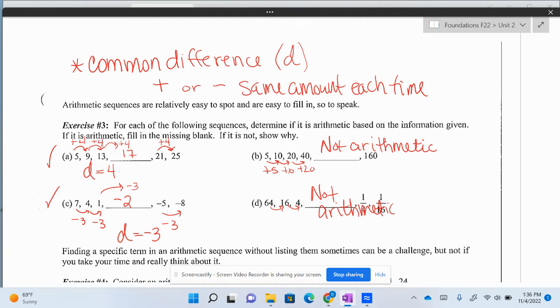What are we doing to these terms each time? Dividing by 4. Up here, we were multiplying by 2, right? Both of these are called geometric. You don't have to write that down, but I just want you to know. We're going to do that later on in the year. Those are geometric sequences. They don't have a common difference.